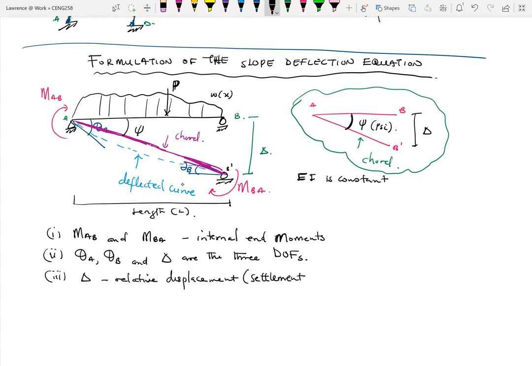So relative settlement between the supports. And then psi is the rotation of the member chord.